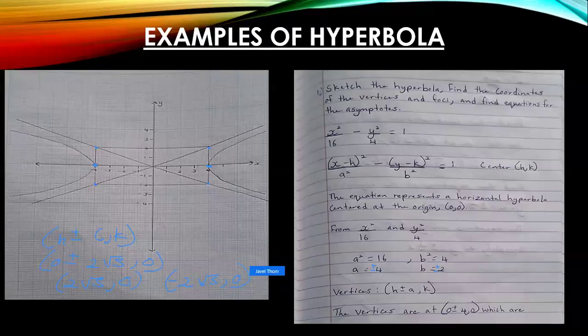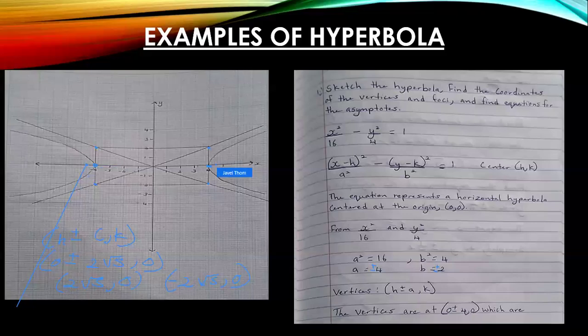So we can now plot this on the graph. That should be approximately 4.5. So 4.5 should be here, about there, and over here.